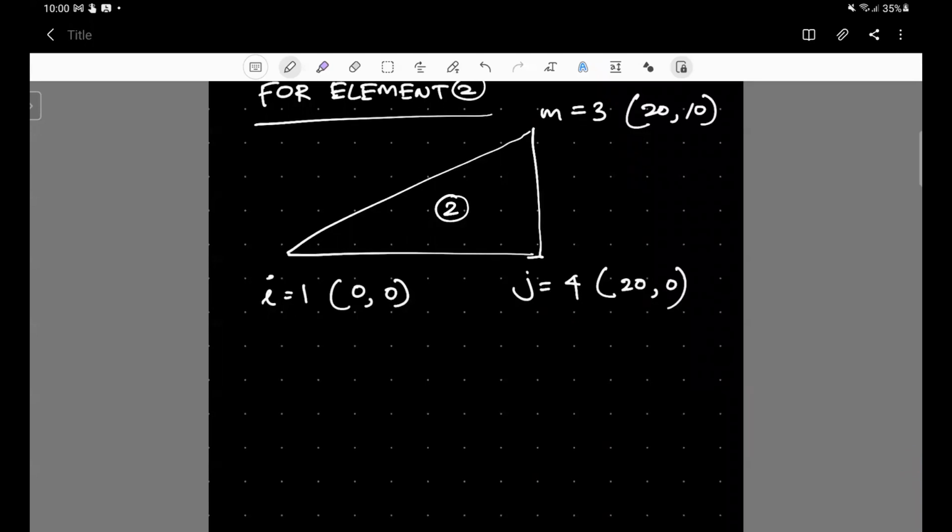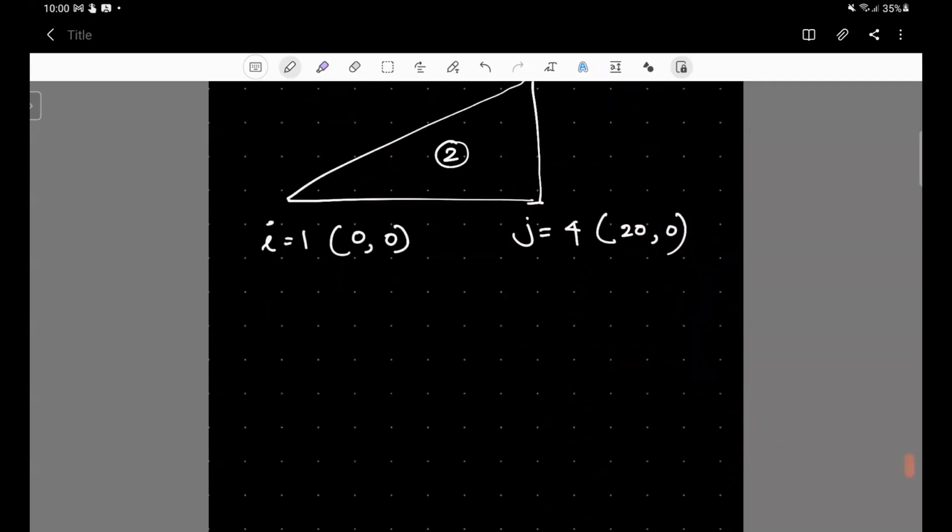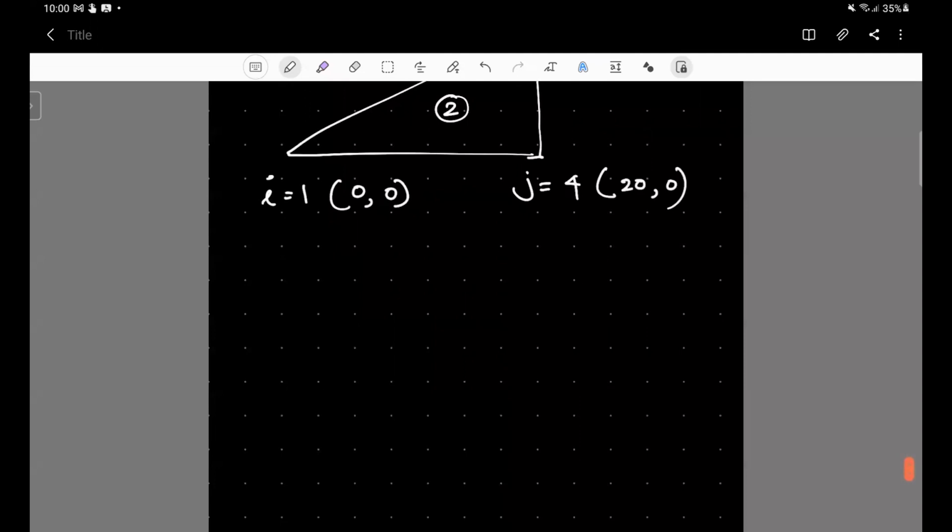So the next task is to find the B matrix. For finding the B matrix, we are required to find the elements of the B matrix, which are the beta and gamma terms, related to the Cartesian coordinate systems or the nodal coordinates.